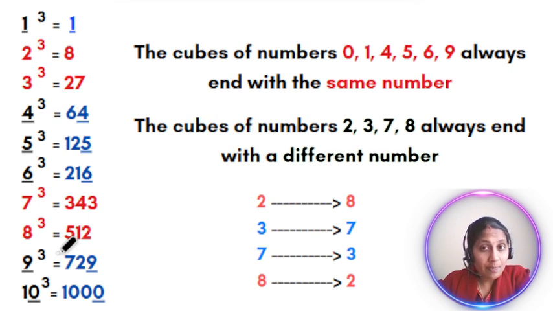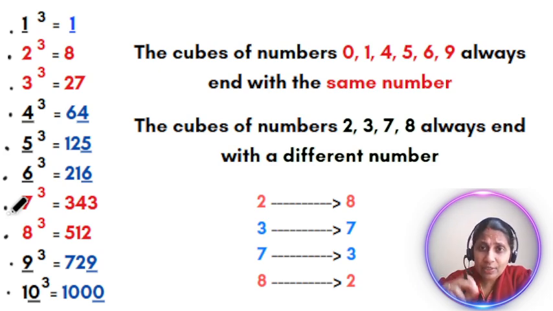Let's see what the pattern is here. The cubes of the numbers 1, 4, 5, 6, 9 and 10 always end with the same digit again. So 1 ends with 1, 4 ends with 4, 5 ends with 5, 6 ends with 6, 9 ends with 9 and 0 ends with 0. And if you notice, the numbers 2, 3, 7 and 8 end with a different number.